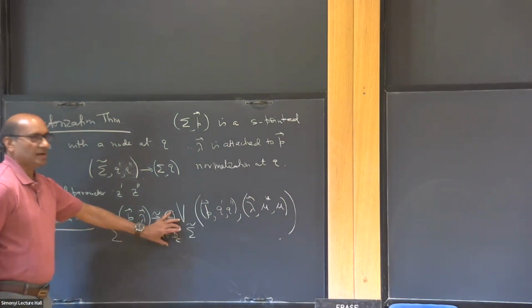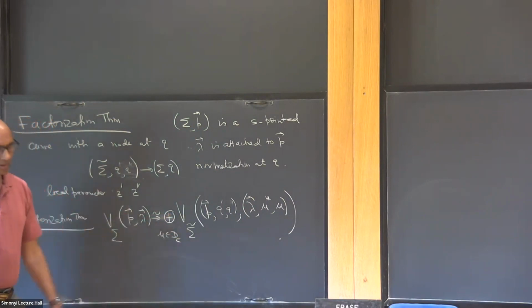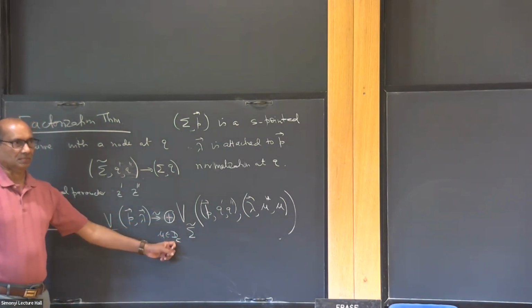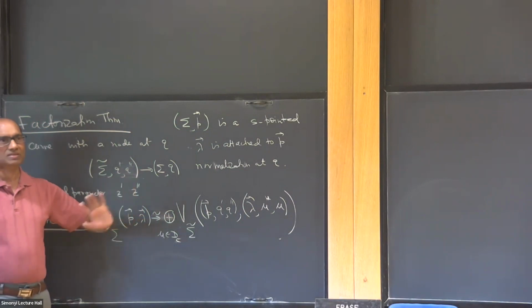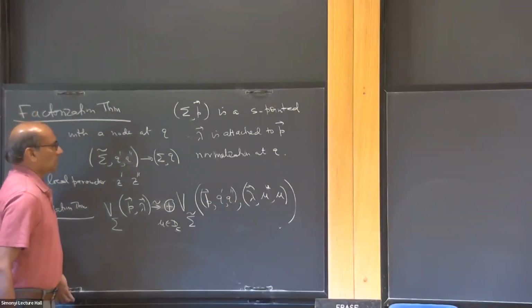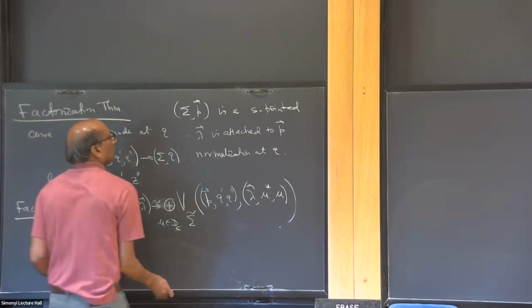Just to remind, D_C was the set of dominant integral weights for the affine Kac-Moody Lie algebra and central charge C, and I have C fixed once and for all. So that's the factorization theorem.